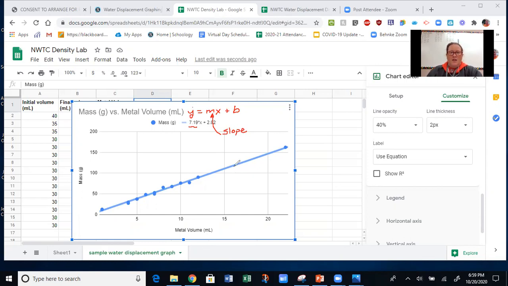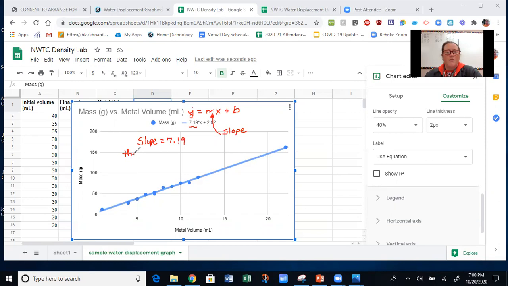So with this graph, by looking at this equation, I know that the slope equals 7.19, and that is equivalent to the experimental density.